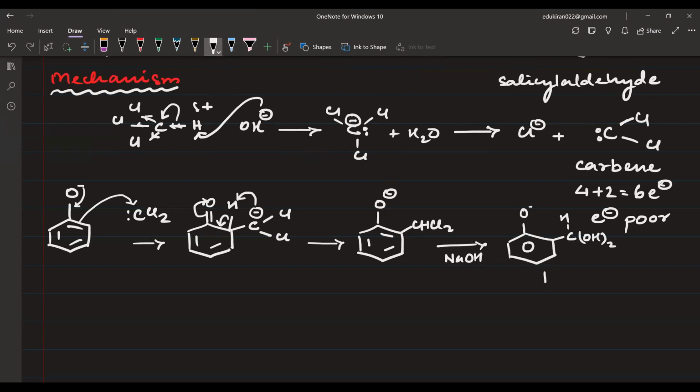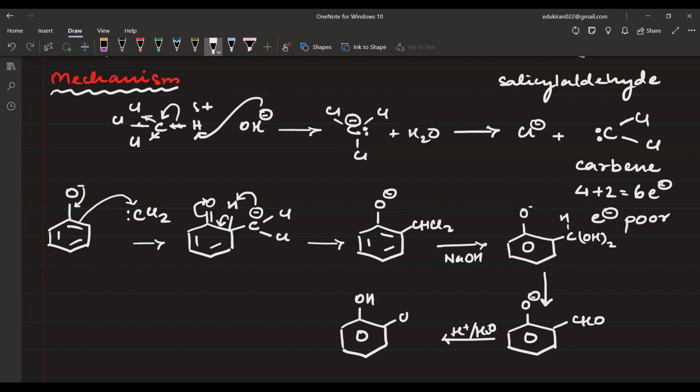After OH twice, this will automatically get converted to an aldehyde with O negative as O negative only. There is no change here. O negative is as it is, and it is getting converted to CHO. And on further hydrolysis, that means in the presence of H plus and water, it is going to give me back the OH group here. This OH group is back, and this CHO is already here, right? So we are going to get salicylaldehyde.